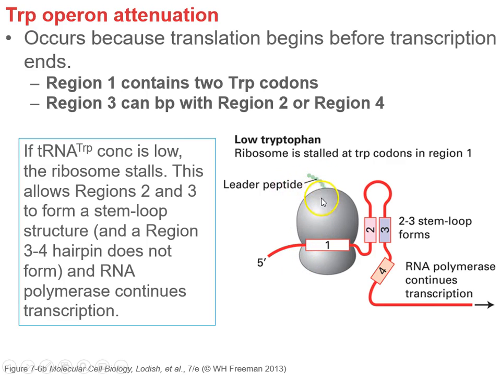You'll start to make the leader peptide, but you're going to stall right here. Now regions 2 and 3 form a stem loop structure, but that is not a termination signal. So RNA polymerase will continue to transcribe, and you'll transcribe the rest of the Trp operon.